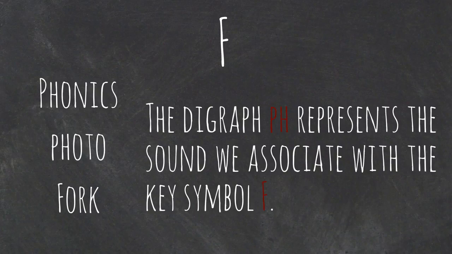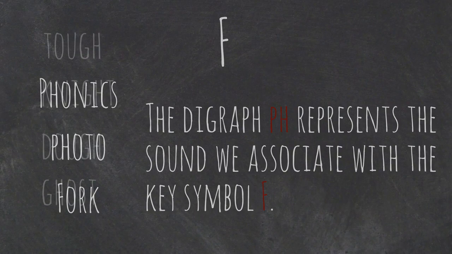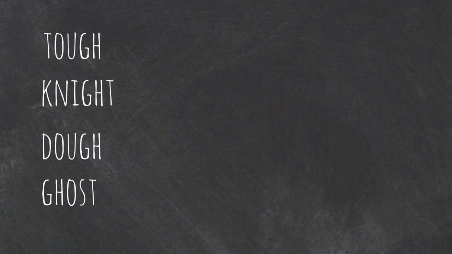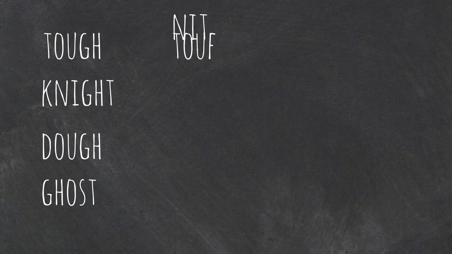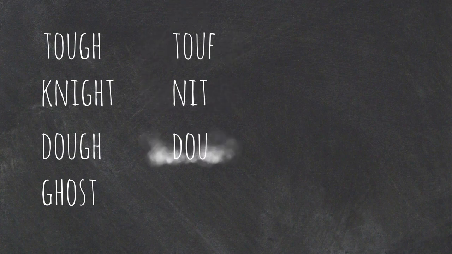Unfortunately, the relationship between the digraph GH and F is not as clean cut. Let's look at that now. So here I've chosen 4 words: tough, night, doe, and ghost. If we rewrite each of these words, leaving the vowels where they are, and writing each of the words just with the sounds that we hear in them, we end up with tuf, nit, doe, and gost.